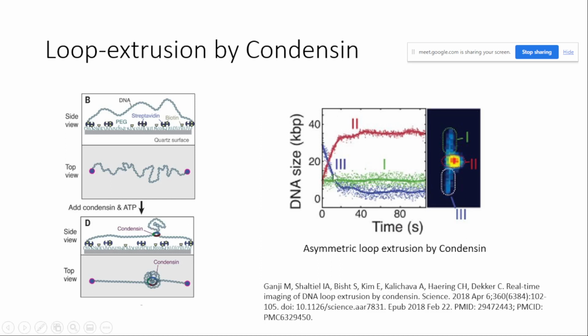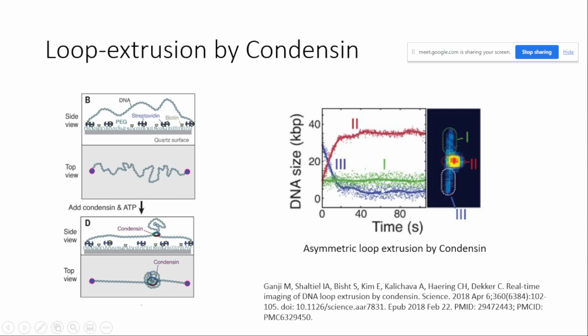So for that suppose this is your DNA. This is region 1, this is region 2, this is region 3, suppose. In region 2 the loop formation is occurring after addition of condensate and ATP. So this is the graph where the y-axis is the DNA size and the x-axis is the time frame.